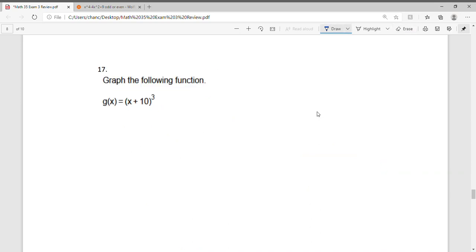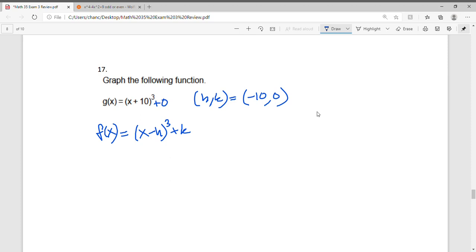In question 17, let's graph the following function. We have (x plus 10) cubed. Recall our cubic function generally looks like this: f of x equals (x minus h) cubed plus k. Notice here we have h comma k equal to -10 comma 0. There's an invisible plus 0 here on the right. So h, k is going to give us the inflection point.